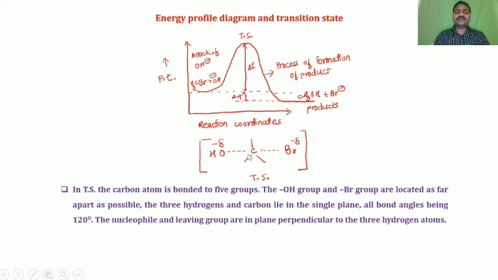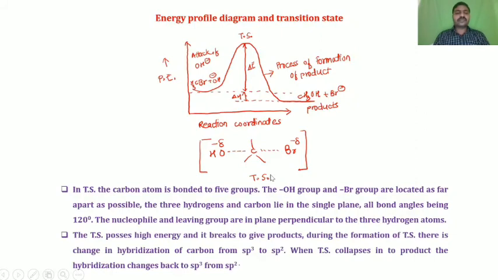That means this carbon atom and these 3 hydrogens are in a single plane, which is the screen. Suppose this OH⁻ attacks from the back side of the screen, and from the front side the C-Br bond breaking takes place. That means they are perpendicular to the screen. The transition state possesses high energy.